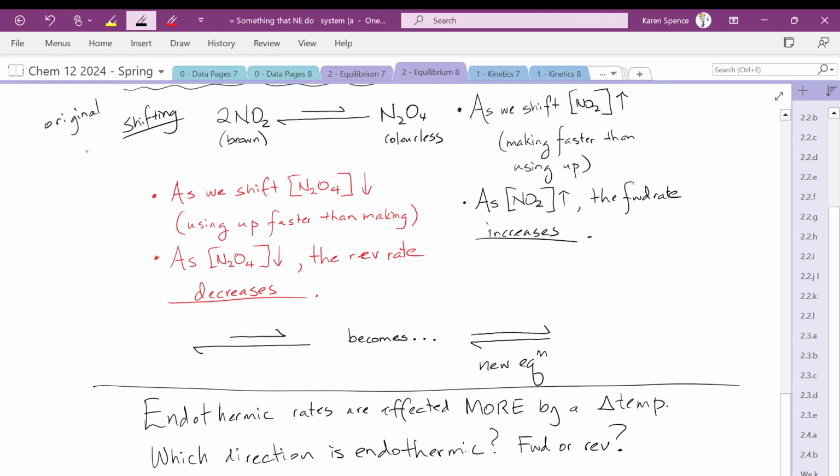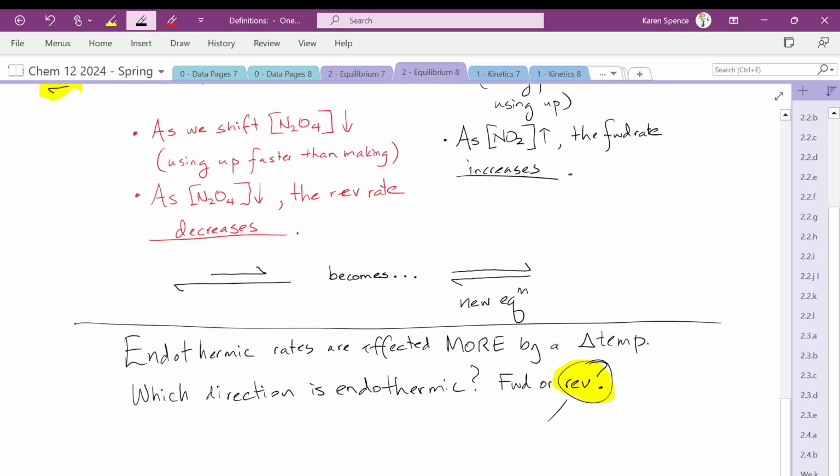Remember, our original rates were like this. And then we had our shifting rates, which were like this. Both rates got faster, but which one got more faster? The reverse rate. So that would be our reverse rate. The reverse rate got more faster.